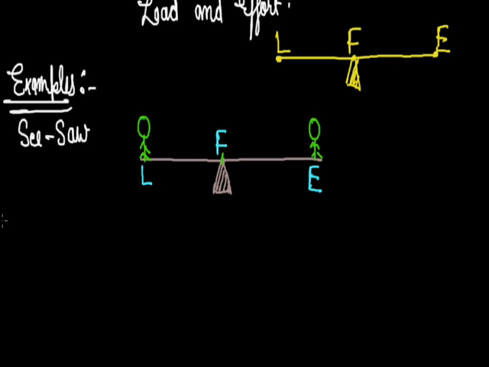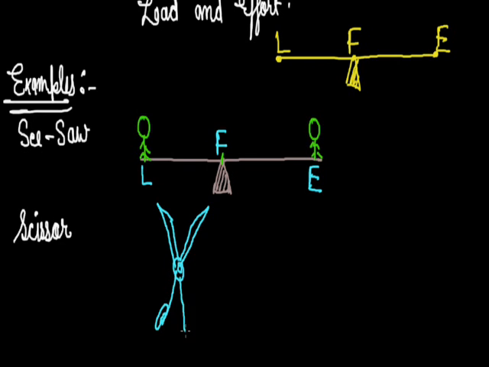Next, scissor. We can draw a scissor. In this, the midpoint acts as fulcrum about which the blades and handle will move, and since we apply effort from the handle, effort will be in this position and here is the piece of cloth or piece of paper.